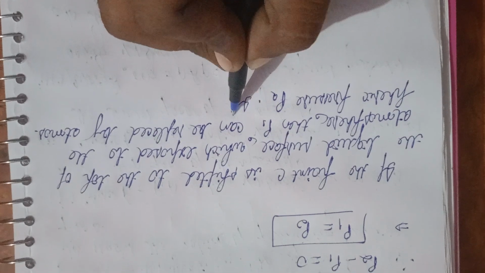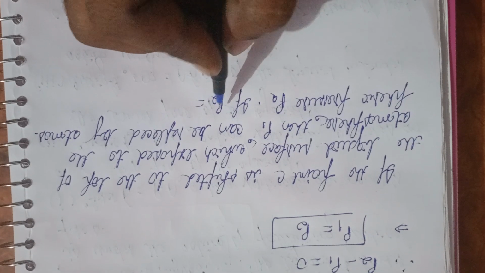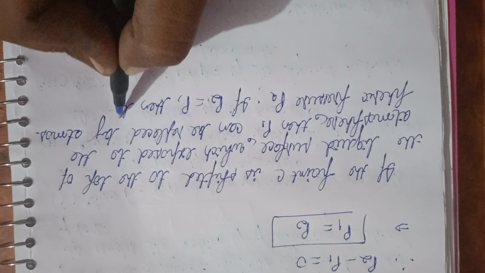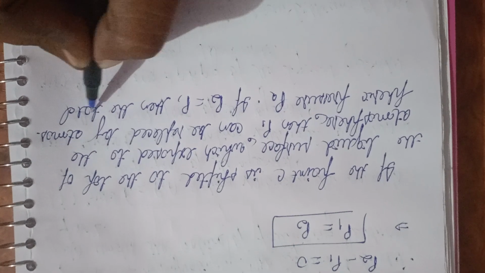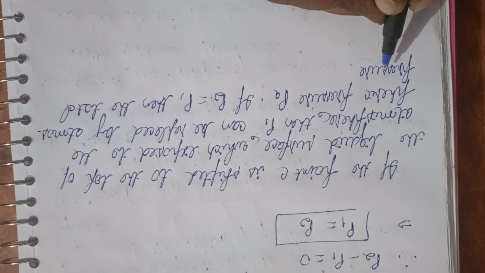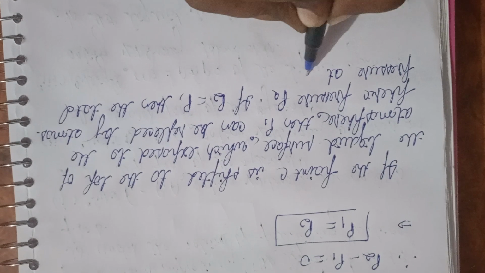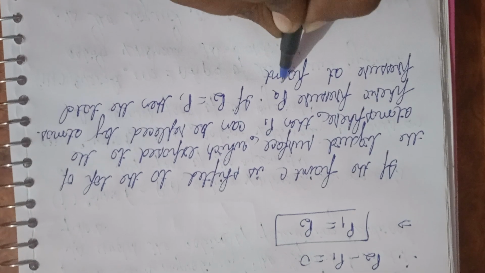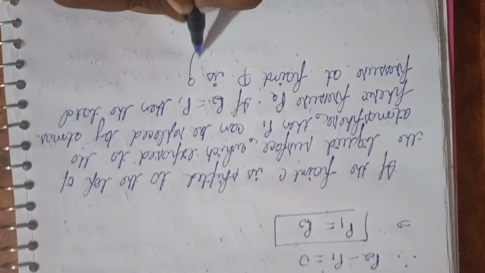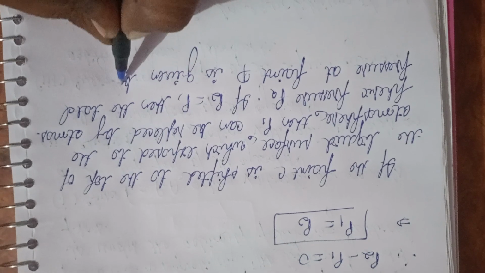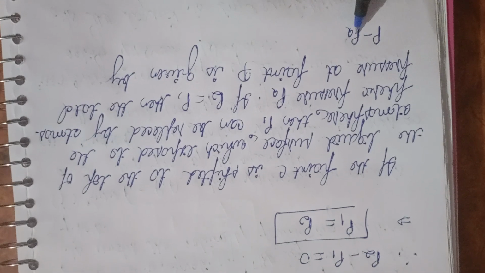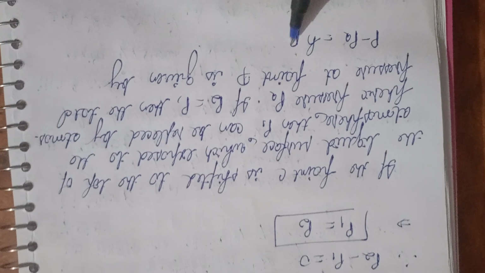If P2 is equal to P, then the total pressure at point D is given by P minus PA is equal to H rho g.